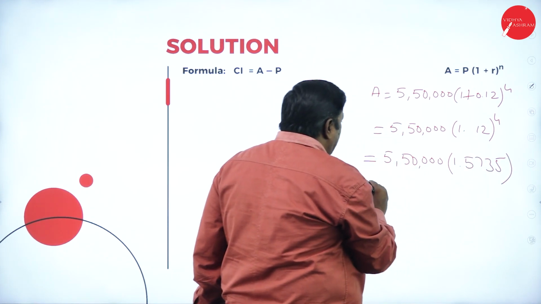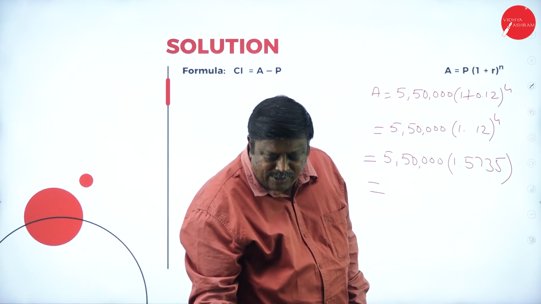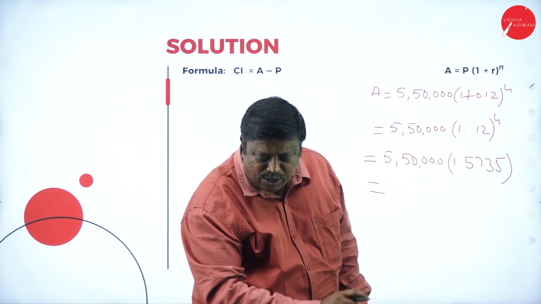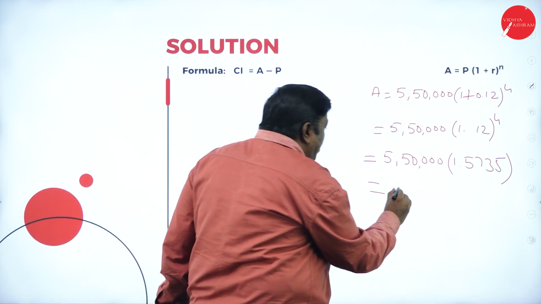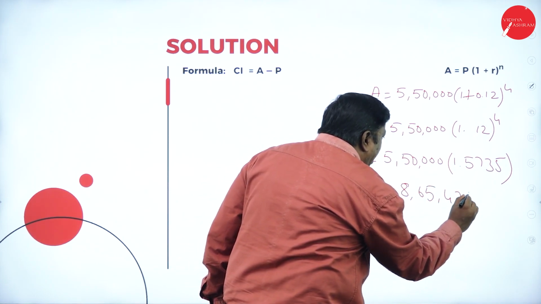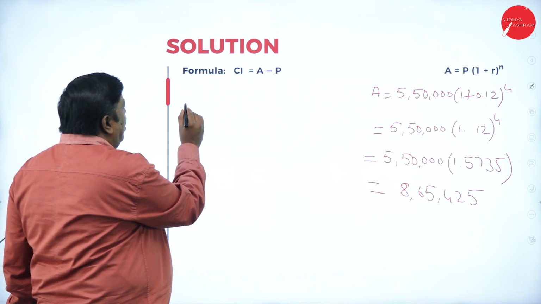1.5735. So 5,50,000 into 1.5735. So it is going to be 8,65,425. So the annuity amount will be here.